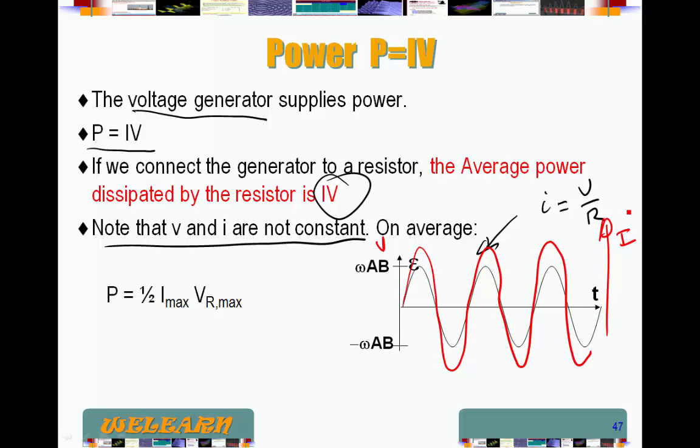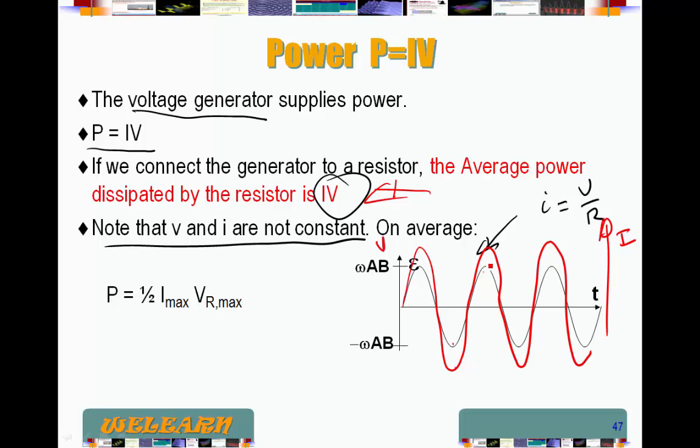This is the scale for the voltage and that's the scale for the current. Now you notice in this case, when the voltage is positive, the current is positive. When the voltage is negative, the current is negative. And we're multiplying both of them by each other. If I multiply a negative number by a negative number, we get a positive number.